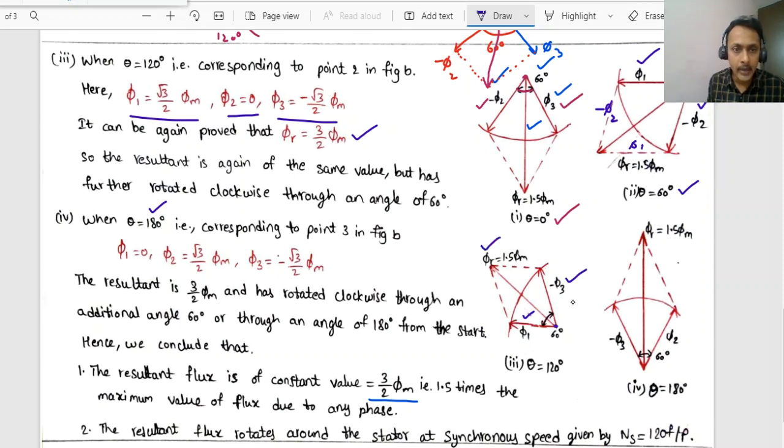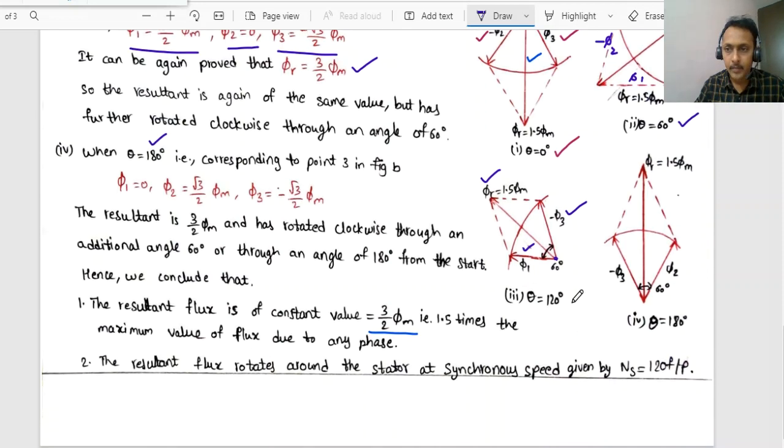Similarly, at theta equals 180 degrees, which two values are present? Phi 1 has become 0, phi 2 is root 3 by 2 phi m, and phi 3 is minus root 3 by 2 phi m. So phi 2 is a positive value and phi 3 is a negative value, right? Phi 1 is not existing.